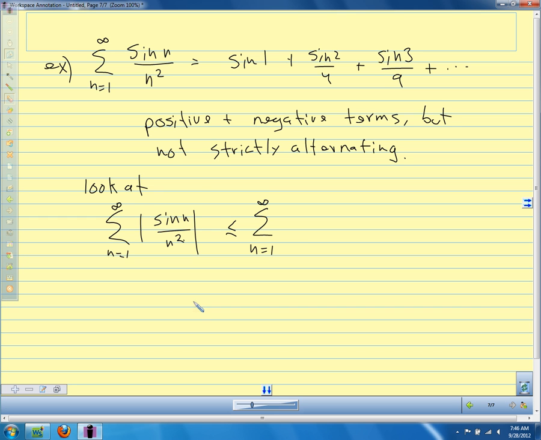Negative 1 and 1. So the absolute value of sine n over n squared is less than or equal to 1 over n squared, because when we take the absolute value we get some fraction, and the maximum it's going to be is 1. This series is less than or equal to 1 over n squared, which we just said is a convergent p series. So our absolute value series is convergent by direct comparison.